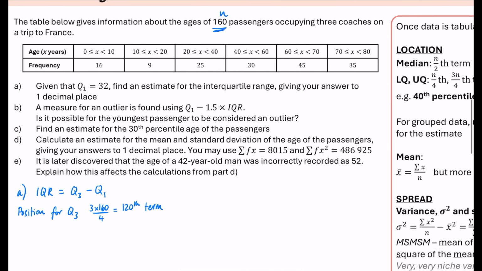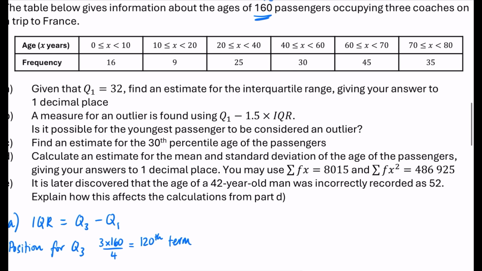Now to find the 120th term, we're going to use some cumulative frequency with these frequencies that we have here. So the cumulative frequency between 0 and 10 takes me up to 16. If I was going from 0 to 20, that would be the first 25 terms. 0 to 40, I add on another 25. 0 to 60 would take me up to 80 when I add on the 30.